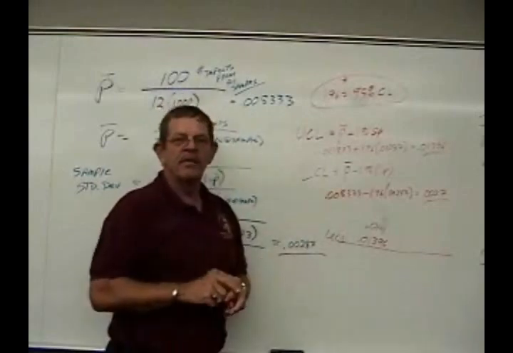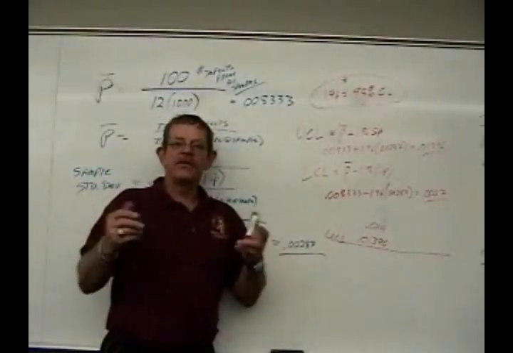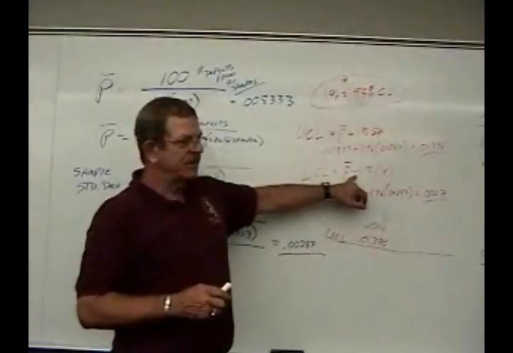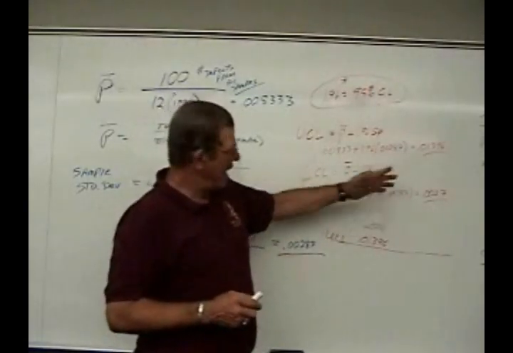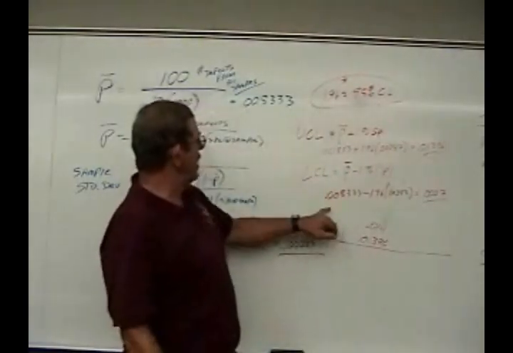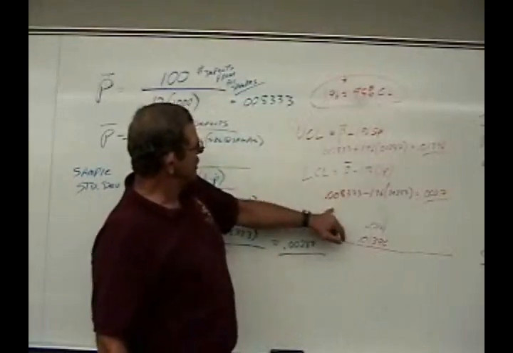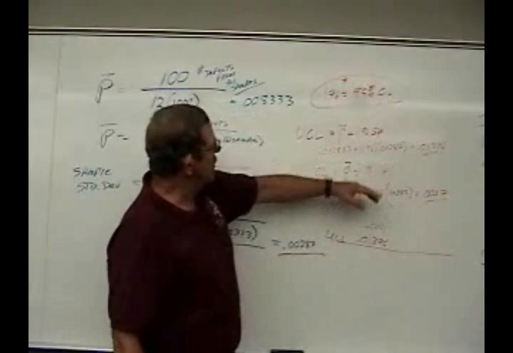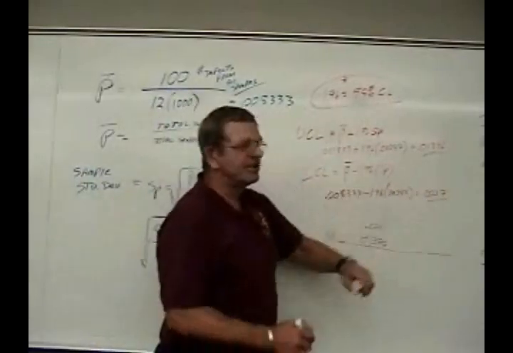Our lower control limit is now a minus: P-bar minus 1.96 times SP, because that's the lower area that you want. Again, 0.00833 minus 1.96 times 0.00287, and you get 0.0027.